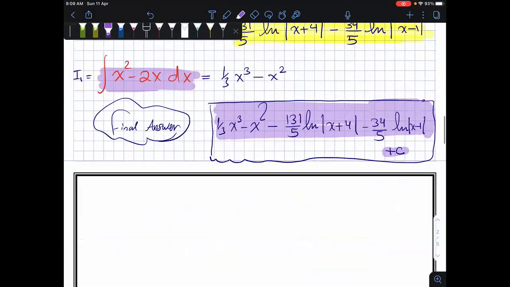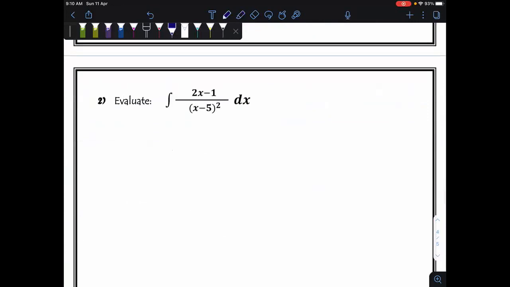Now, let's revise, guys, one more question, when we have a repeated linear factor in the denominator.